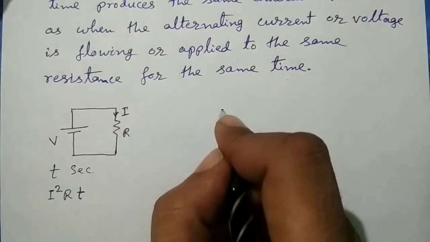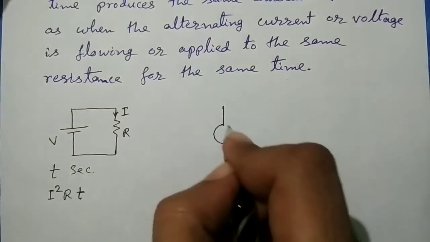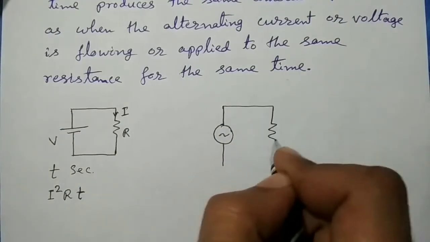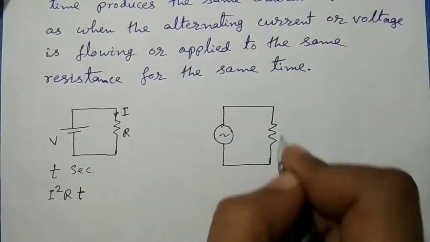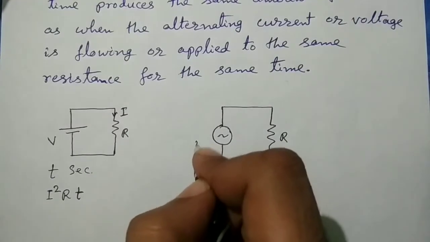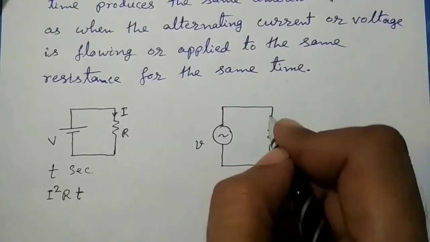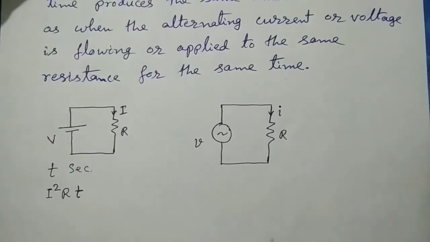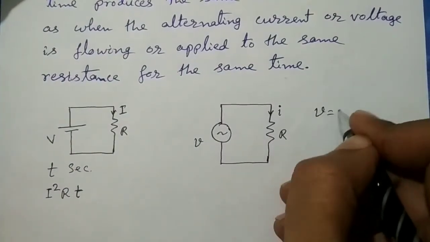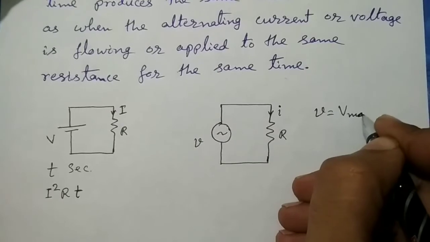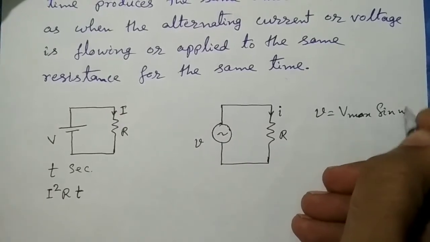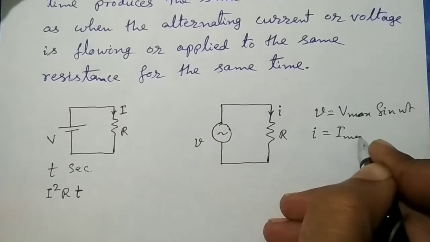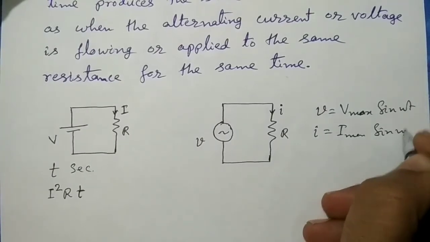Now apply an alternating voltage across the same resistance R. So v is the instantaneous voltage, i is the instantaneous current, where v is V max sin omega t and i is I max sin omega t.